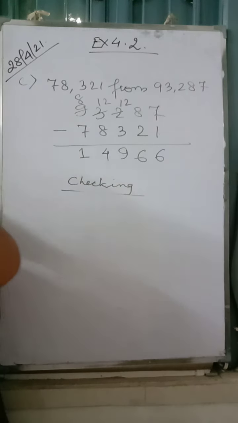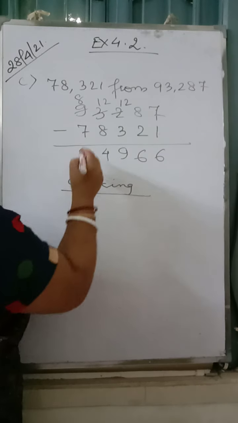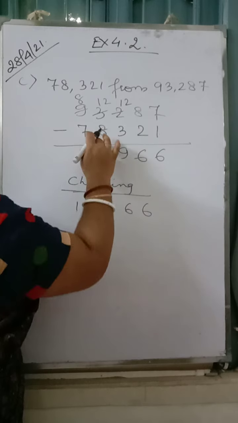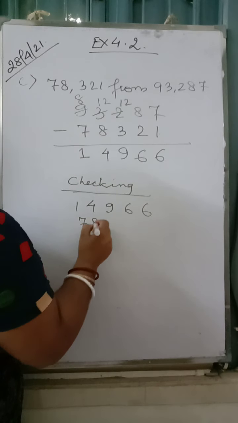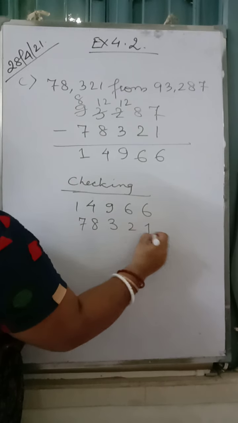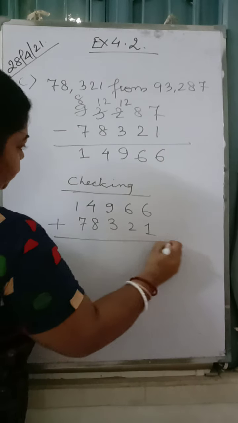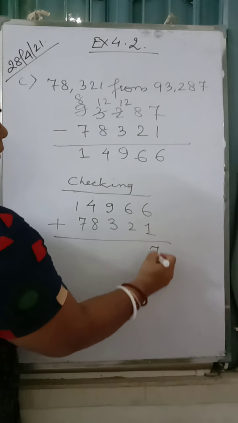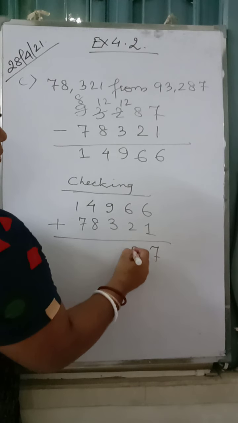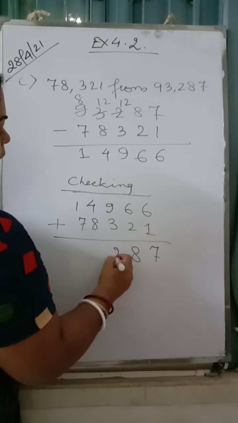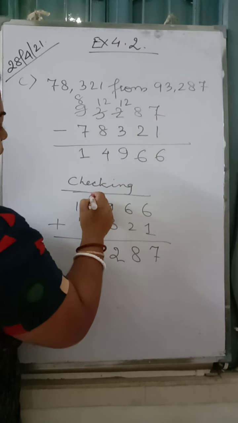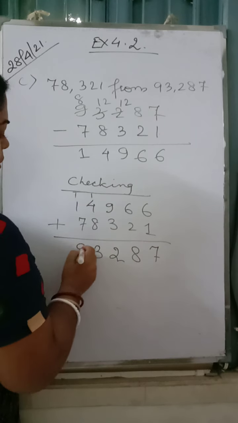Now we'll see whether our answer is correct or not. So first of all, we have to write the difference, then the smaller number. Then we have to add it up to get the bigger number, the minuend. 6 plus 1, 7. 6 plus 2, 8. 9 plus 3, 12. 4 plus 8, 12 and 1, 13. 7 and 2, 9.